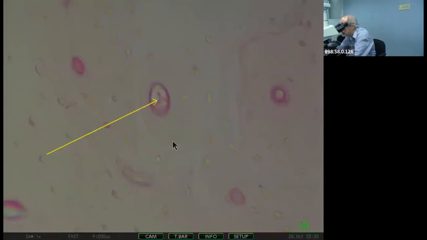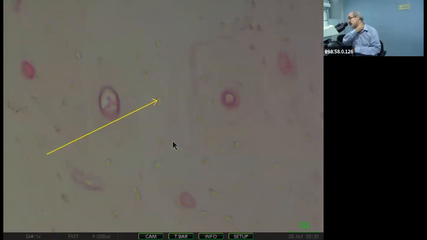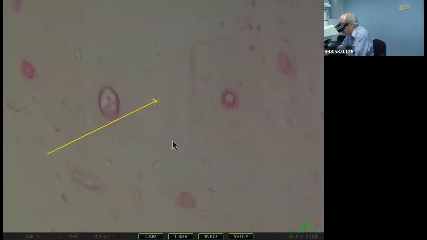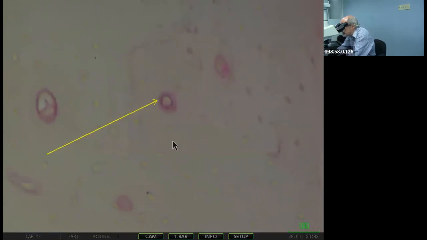Here, the little holes will be what? They will be your lacunae. What type of cells do you have in the lacunae? Osteocytes.